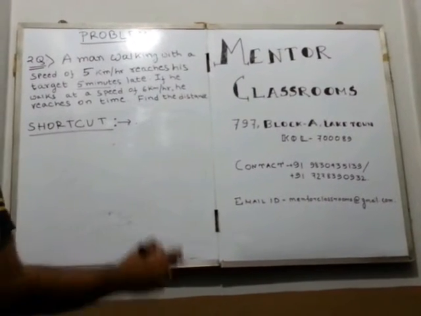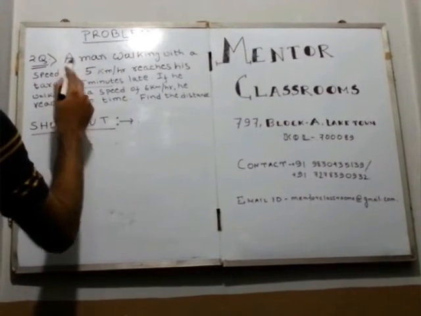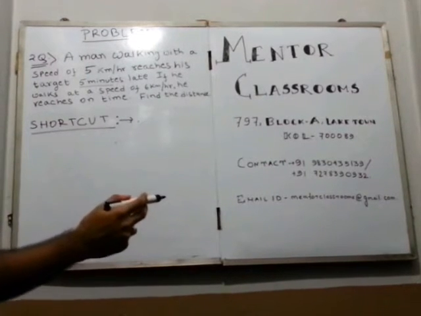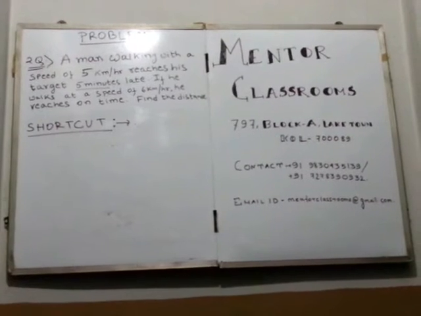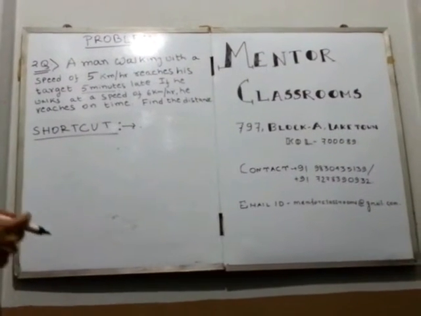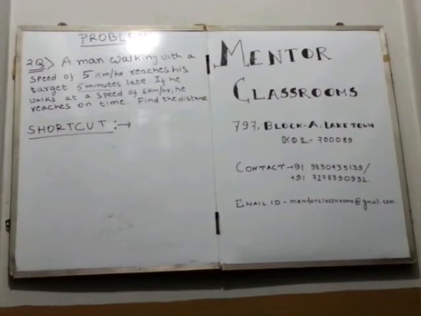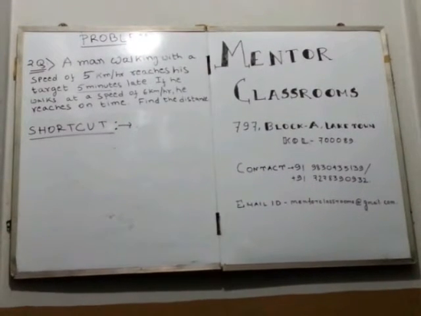So guys, now this problem can also be solved in a very shortcut approach. Previously we have solved that problem in a detailed approach. Now we will be showing you the shortcut approach. This is very simple and effective method to save time.